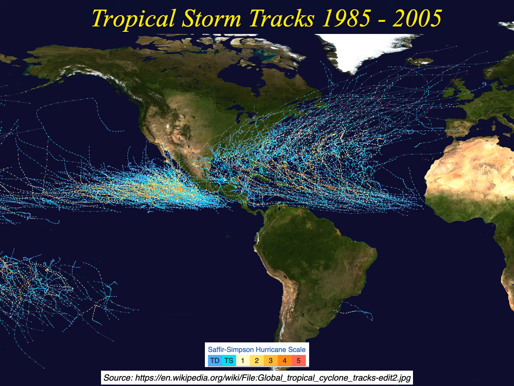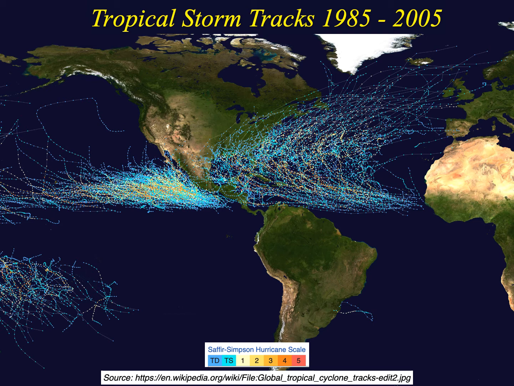From 1985 to 2005, these are the storms occurring in the Eastern Pacific, North Pacific, and Atlantic Ocean in the Northern Hemisphere. Each of those lines represents the track that they took.